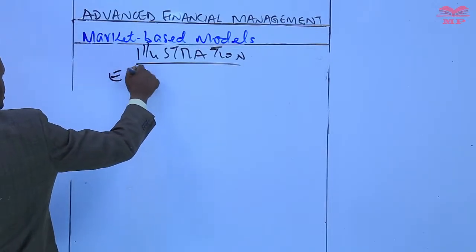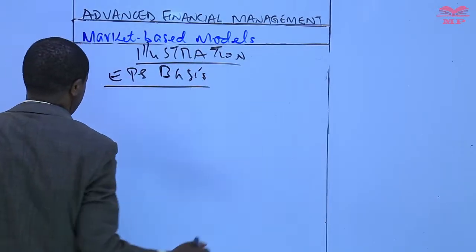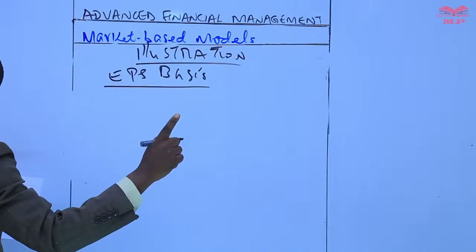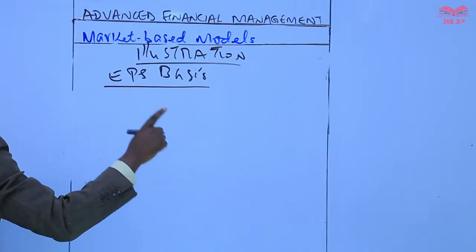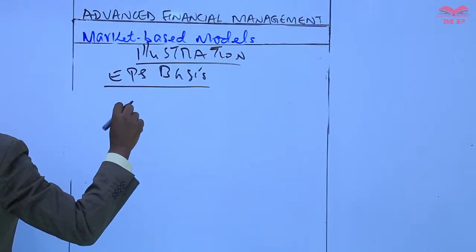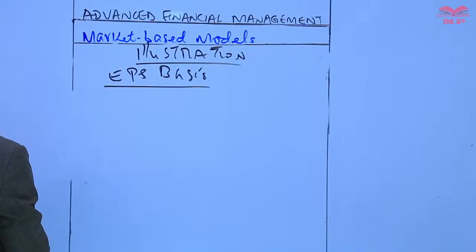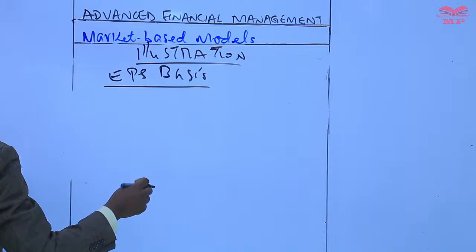Using the earnings per share basis, what is the question? Determine the total number of shares the directors of the acquirer would have to offer to the shareholders of the target company. So here we have to calculate the number of shares to be issued to acquire the target.